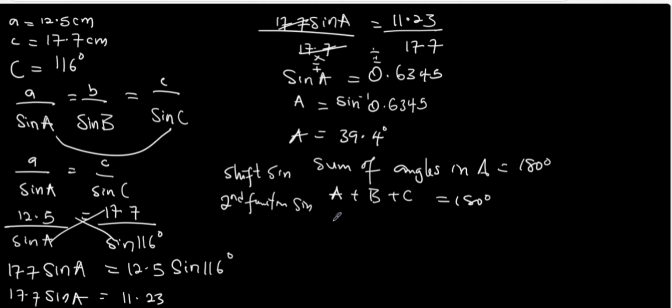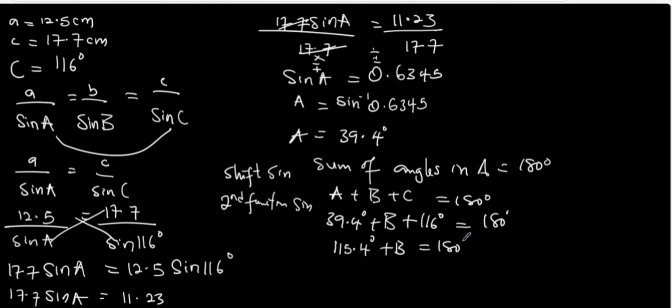We have angle A to be 39.4 degrees, plus angle B, plus angle C, which is 116 degrees, equals 180 degrees. So 39.4 plus 116 gives us 155.4 degrees, plus angle B equals 180 degrees.